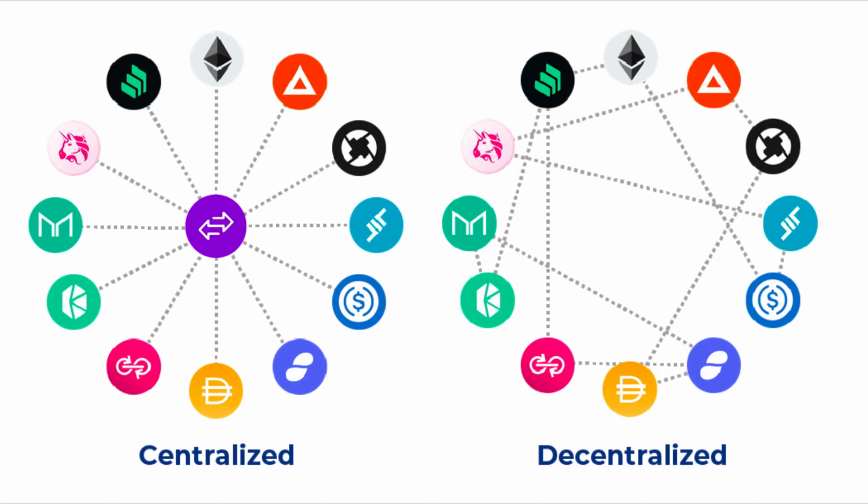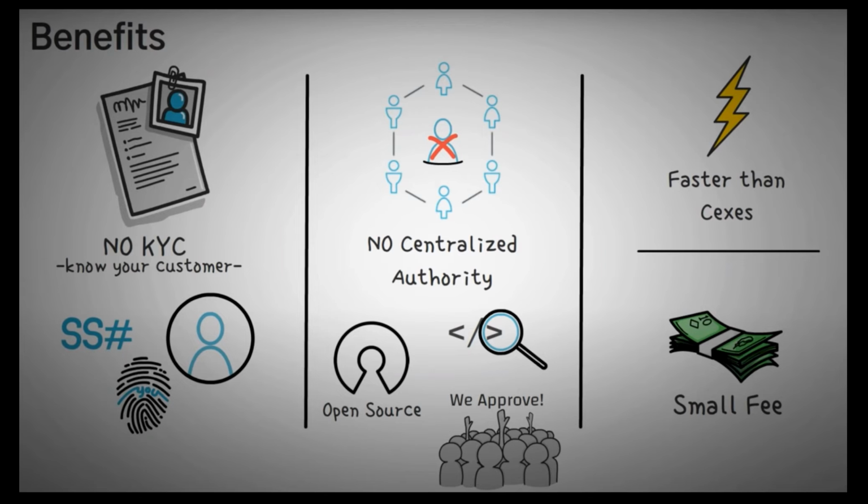Whereas in a decentralized model, you actually trade your coins with other coins directly with other people. So the benefits of decentralized exchanges are that you don't have to submit a KYC, so they have no data about you. It's not centralized by any authority like Binance. There is no one who controls the exchange.